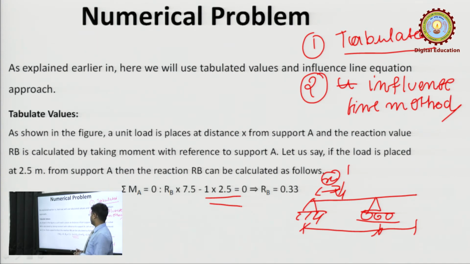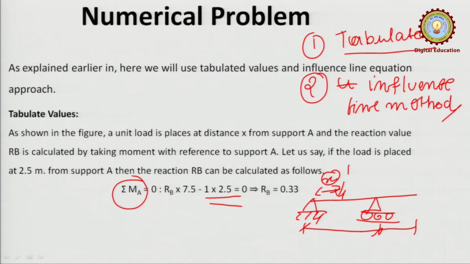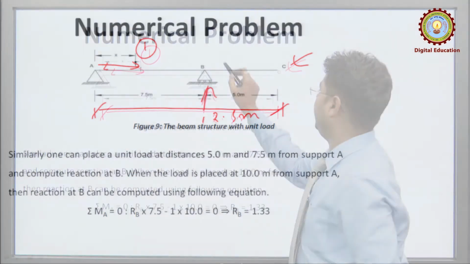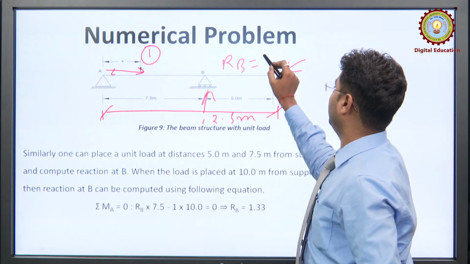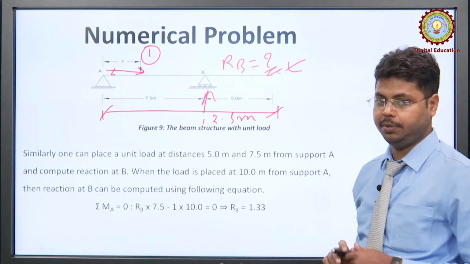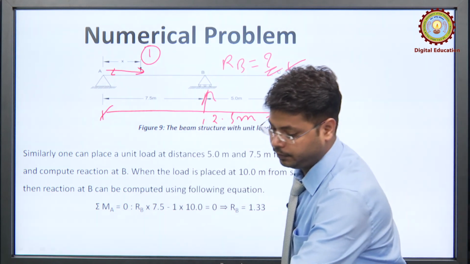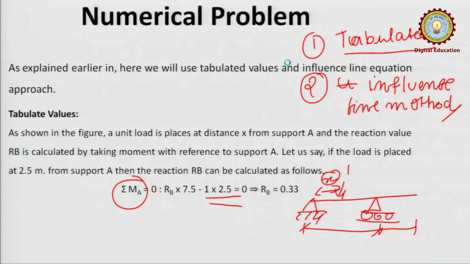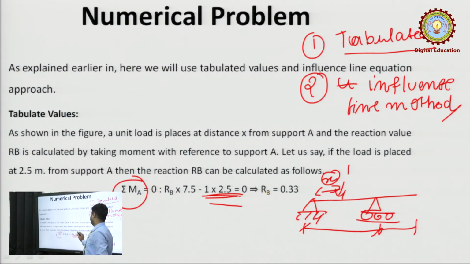If the value is given as 2.5 meter, then we will take a moment about A. We have to find the reaction at B, because we have to draw the influence line diagram for RB. Because of that reason, we first have to find the reaction at B. Just suppose we have a load at 2.5 meter distance. How can we calculate RB? Just take a moment about A.